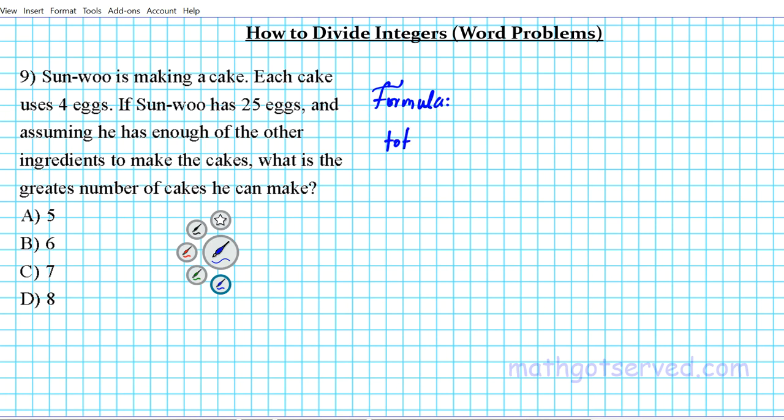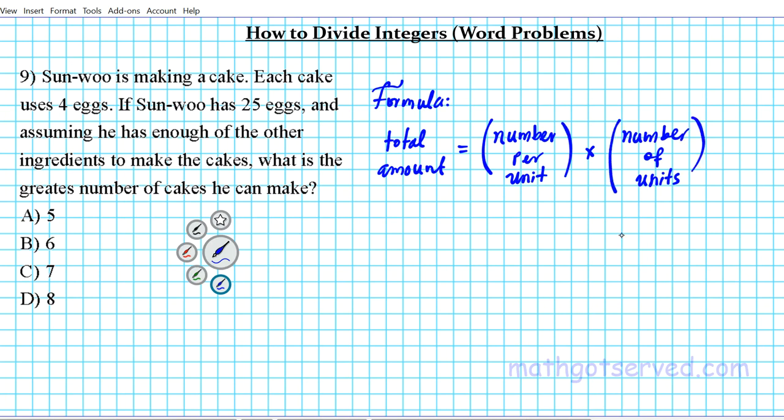So the total amount is basically given by the number per unit, if you remember this particular problem, multiplied by the number of units. Okay?